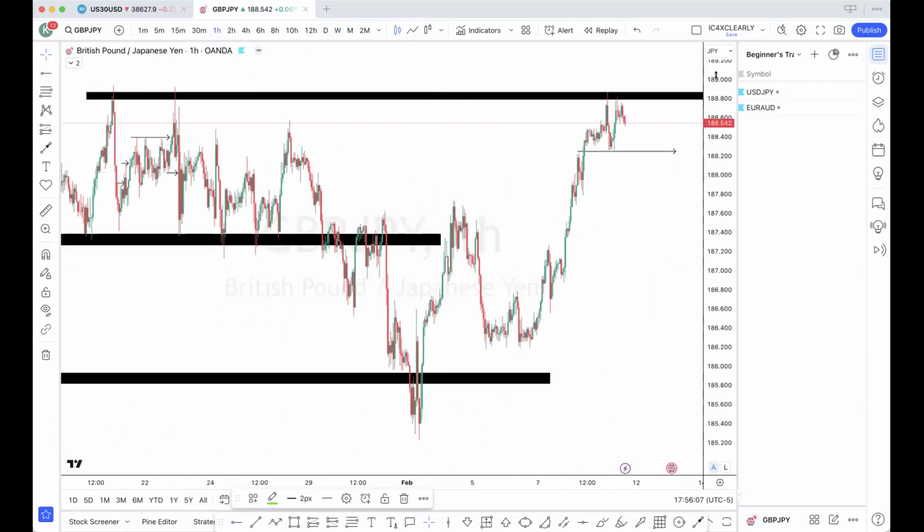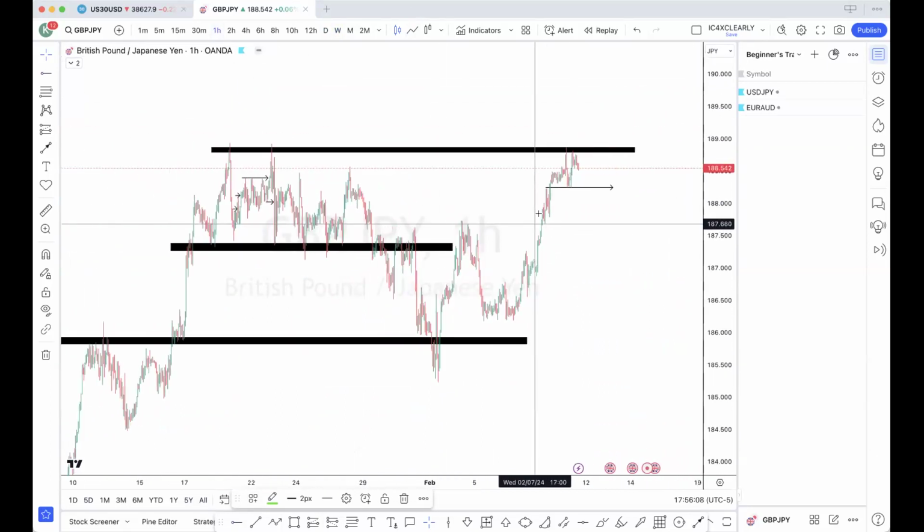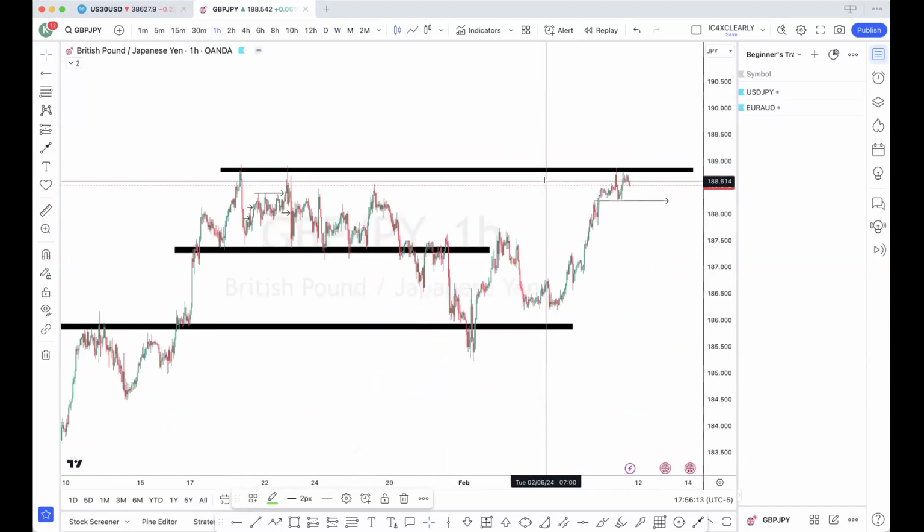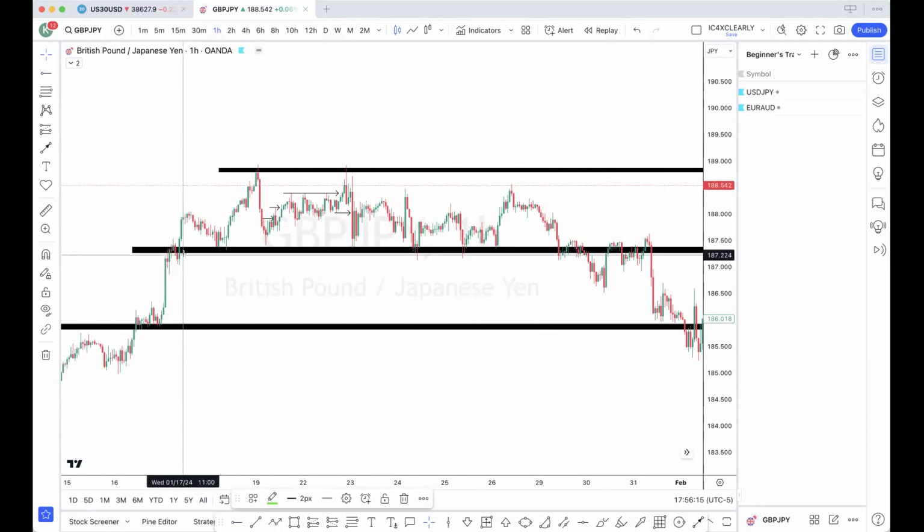So with that being said, if price breaks above, but when I say break above, I need to see something like this. You see how price broke out and then pulled back? That's what I like to see. I like to see the impulse move, and then I like for price to come back here and reject or show me bullish momentum.